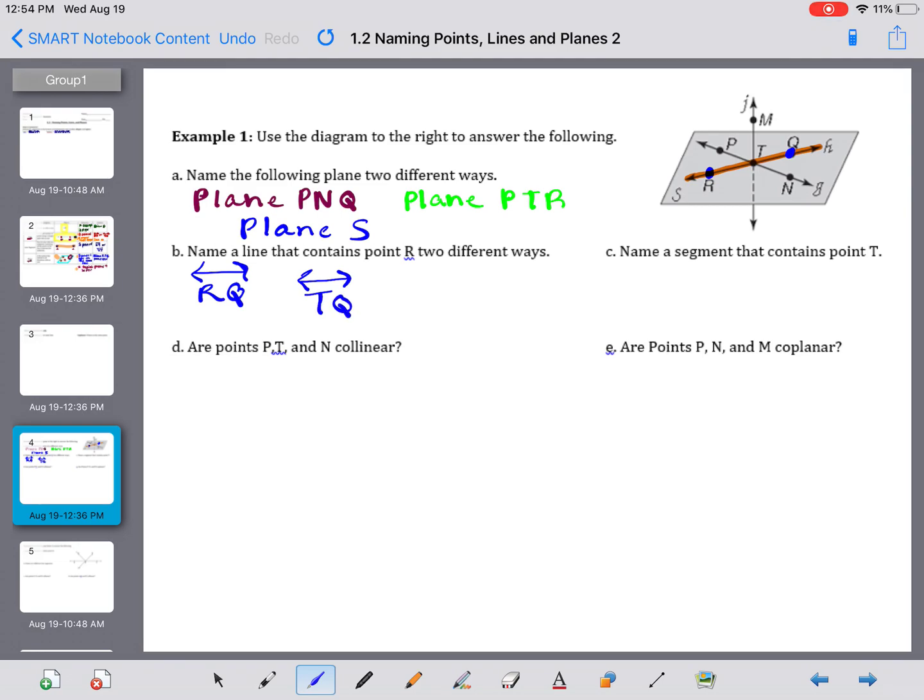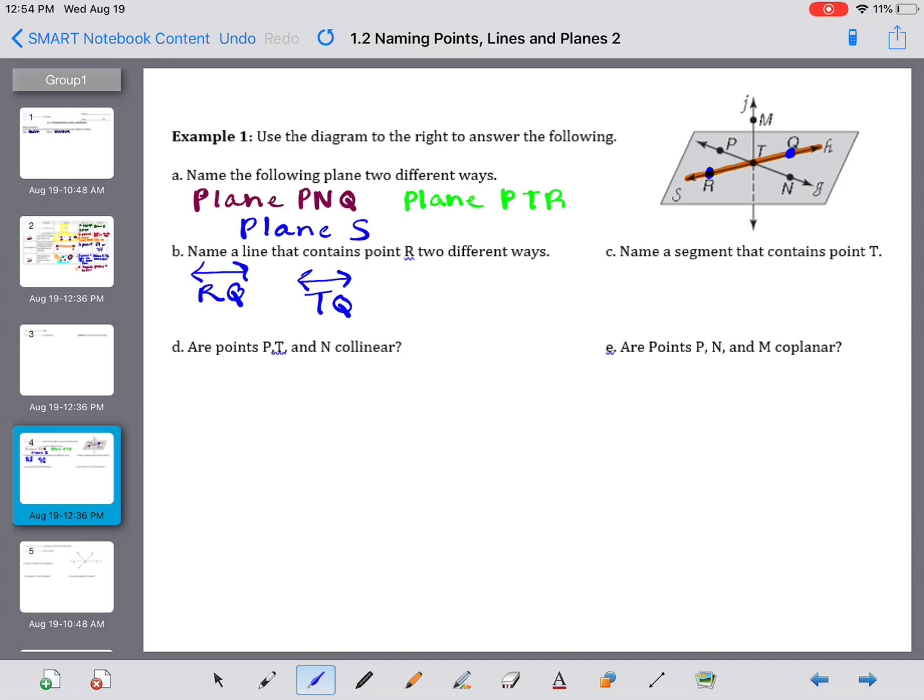Just because they want the line to contain point R doesn't necessarily mean R has to be in the name. You name the line TQ, R is on that line, so that's okay. Remember when you name a line you have to use a line with arrows on the end and then you write the points underneath it.